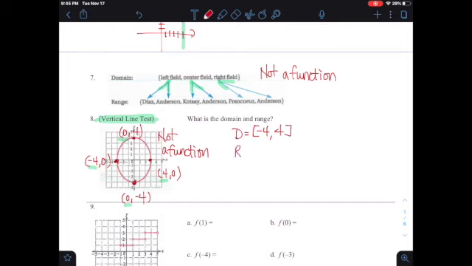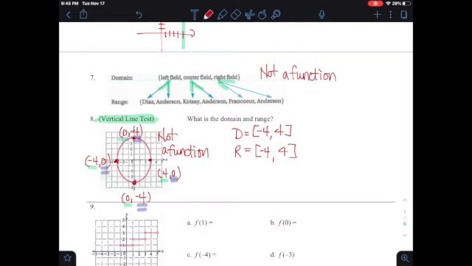Range. What is the smallest? What is the biggest? Well, the smallest is going to be, well, this is all the y value. What's my smallest? Oh, my smallest is -4 right here on the bottom. And what's the biggest one? +4 again.